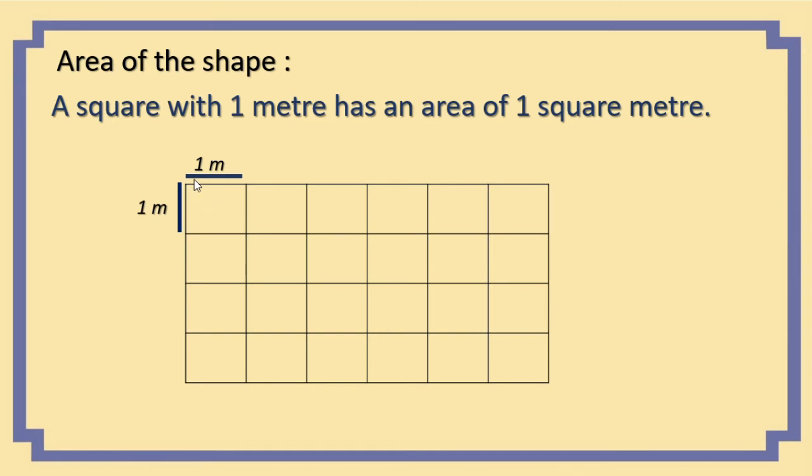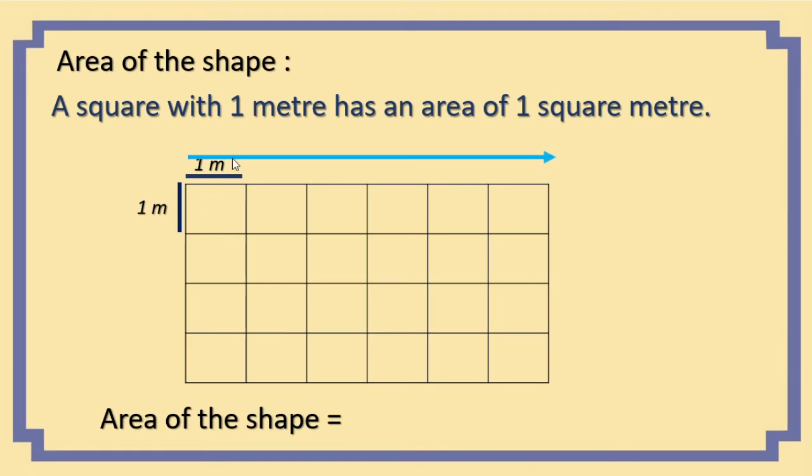Now we have this much bigger figure. Here we will write, see this, 6 meter because 1, 2, 3, 4, 5, 6. 6 squares are there. So this is 1 meter, 2 meter, 3 meter, 4 meter, 5 meter, 6 meter. So the length is 6 meter.